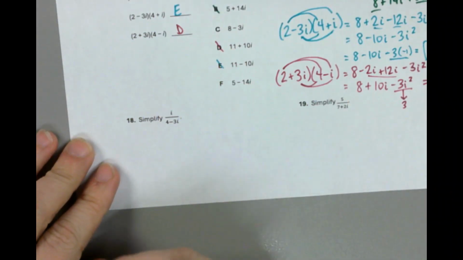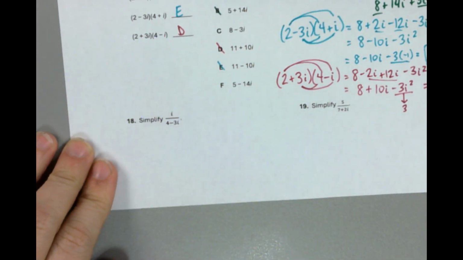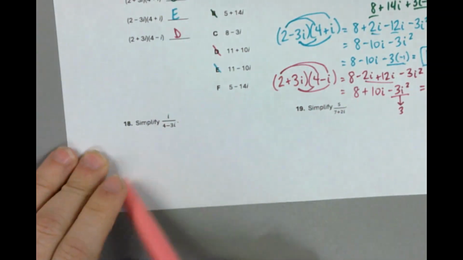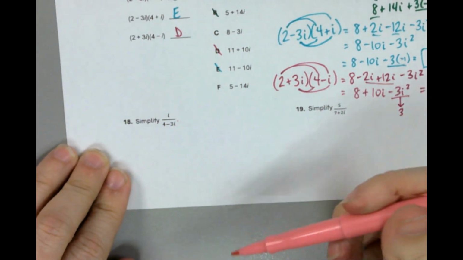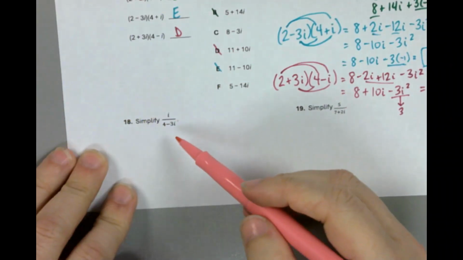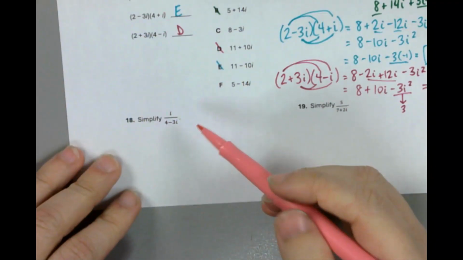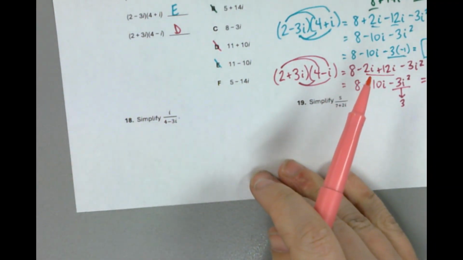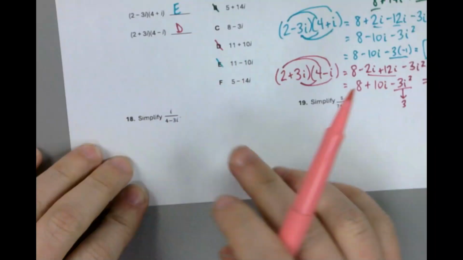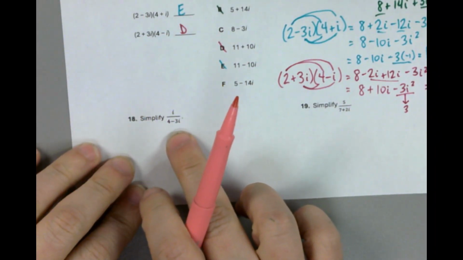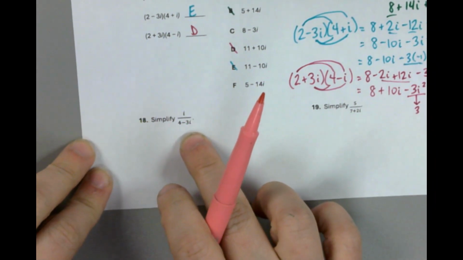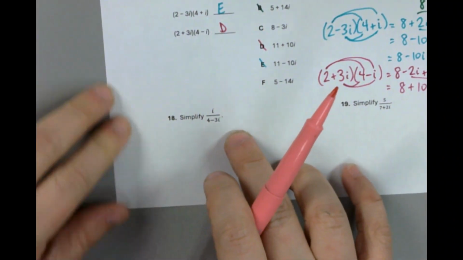At the bottom, we are simplifying fractions. And here's what we need to do to simplify the fraction. The fraction cannot have a square root or an i. When that happens, we need to do a process called rationalizing the denominator, which means we need the complex conjugate. That's a lot of words.